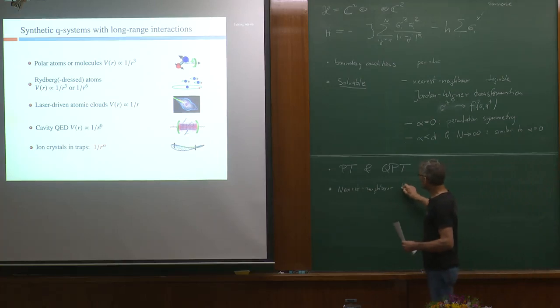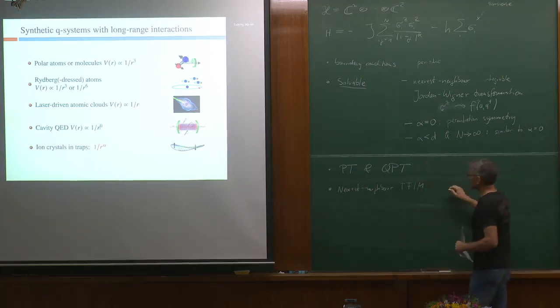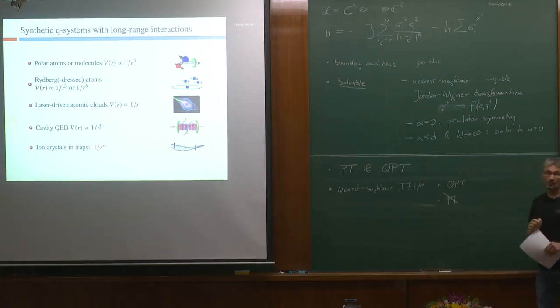And the nearest neighbor transverse field Ising model has a quantum phase transition, and it does not have a thermal phase transition at a finite temperature.